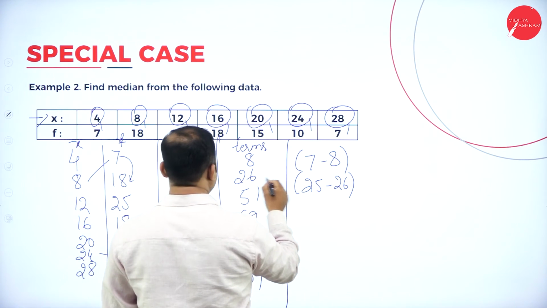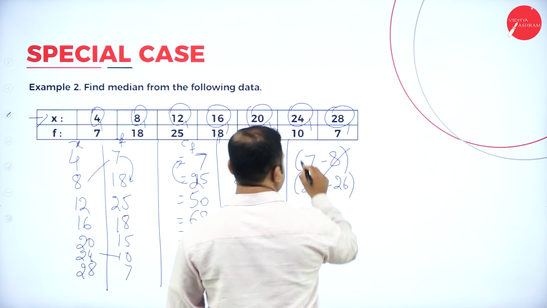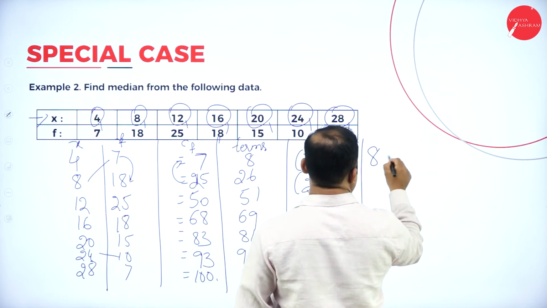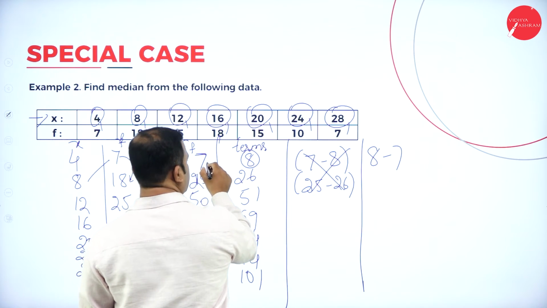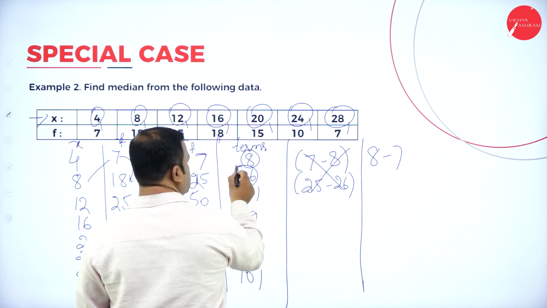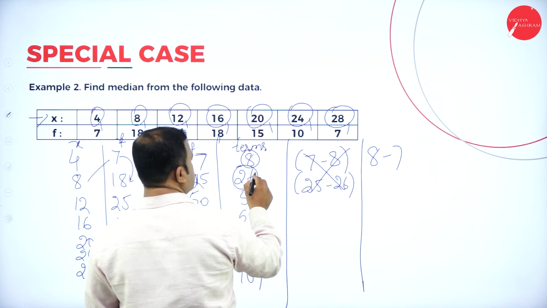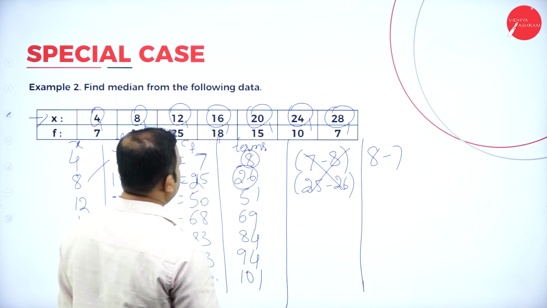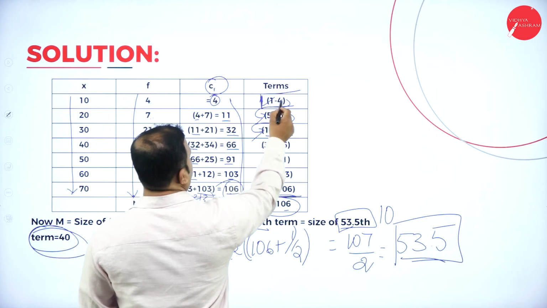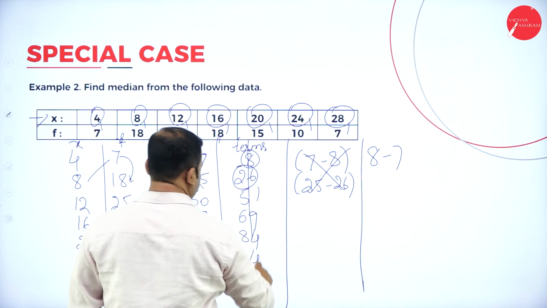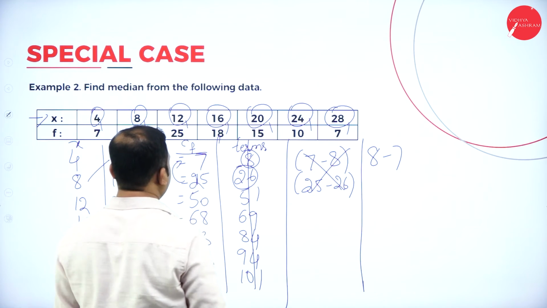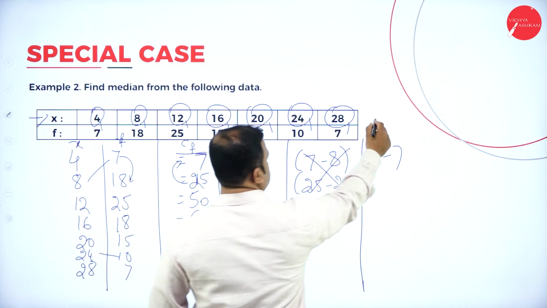What is the value I have? 8 here, 8 to 7. Then we have got 26. If you look at this term, we have 4 plus 1, 5. So 1 to 4, yes, of course. The cumulative frequency is this, that is CF. Then we have the terms like this.